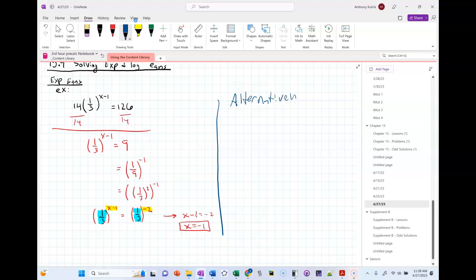Another way you could do this would be to use a logarithm.